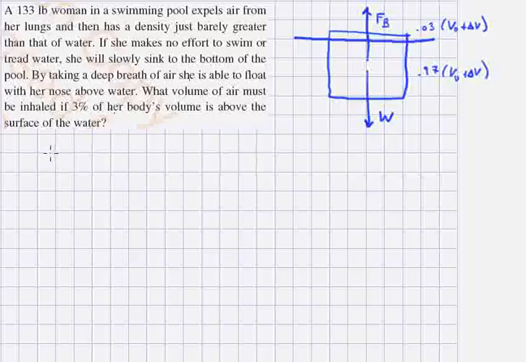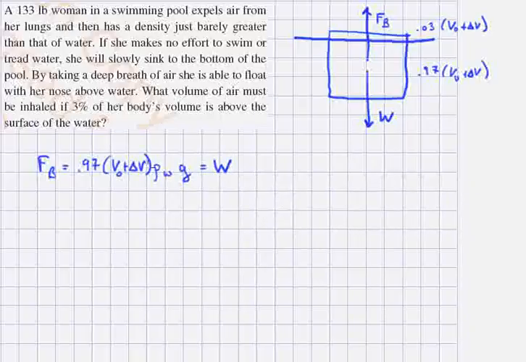Okay, so the buoyant force is the weight of the water displaced by Archimedes' principle. And so that's simply going to be the portion of her body underwater, which is this volume, 0.97 times (V naught plus delta V), times rho sub W, the density of water, times g, and that is going to be equal to W.